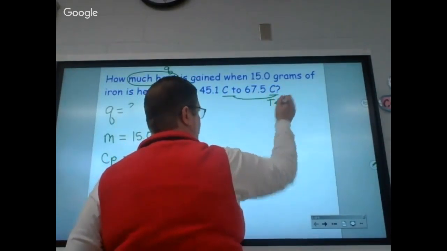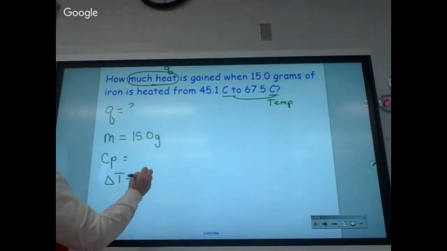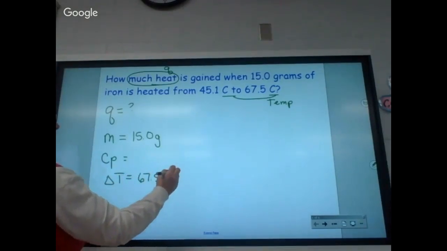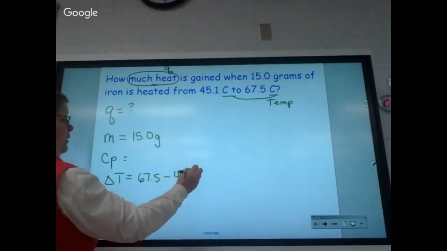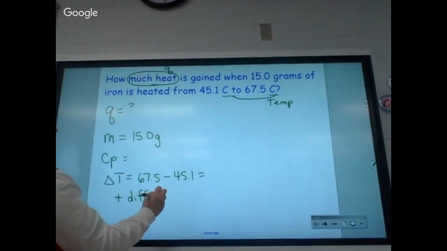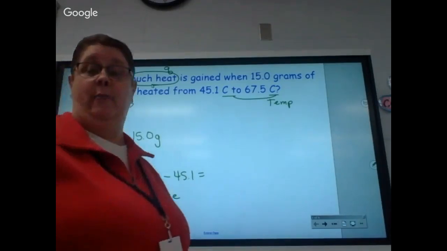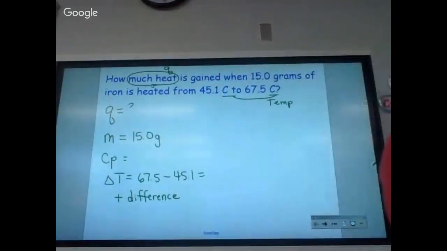So what did I tell you all about delta T? We're going to subtract to find the temperature. So we're going to take 67.5 and subtract 45.1. Now, we always want the positive difference. We do not want the negative number.